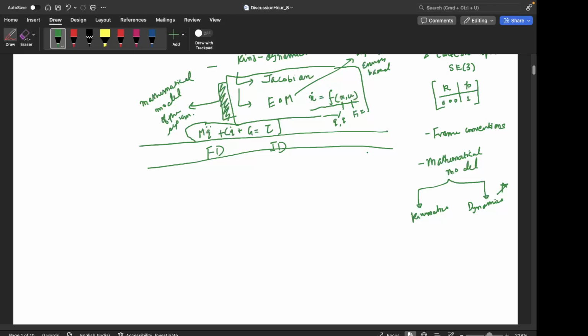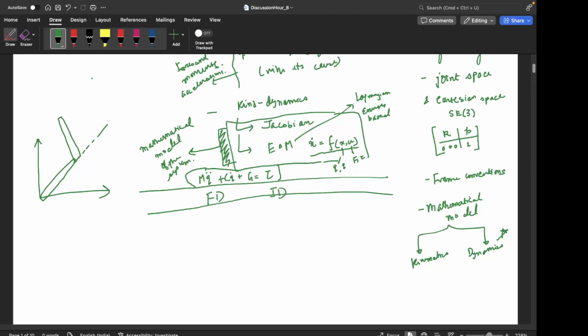So at this point, let me describe this example of what you can do by employing the concepts and ideas that we have discussed.